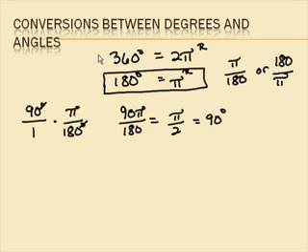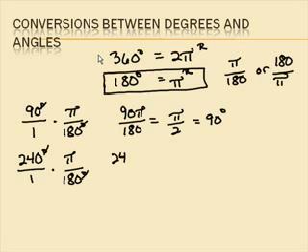Let's take 240 degrees. We want to convert 240 degrees to radians. All right, so I want to get rid of the degrees, so I'm going to take the pi over 180. The degrees then cancel. Now I have 240 pi over 180, and we're going to reduce that fraction.